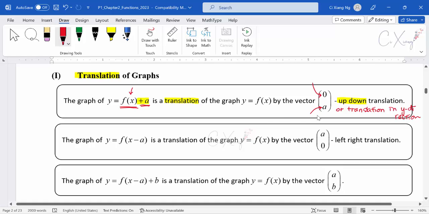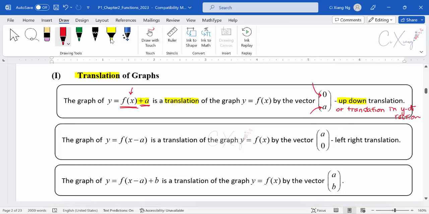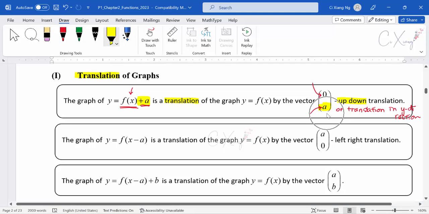Therefore, when we put the value in the vector, you put it at the bottom of the bracket. If I have plus 3, we put plus 3 here. If this value is -5, then we put -5 here as well.